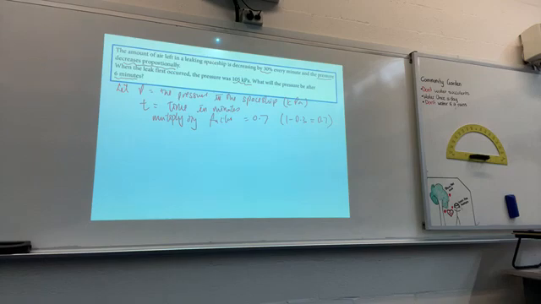So whatever is left in the spaceship, P naught is 105 kilopascal.